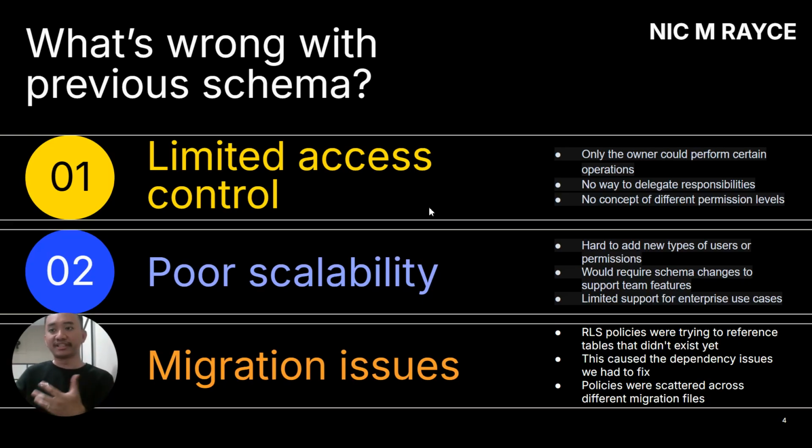So what I did was create these new tables in order to then apply the RLS policies to the existing tables. I also noticed that the policies were scattered across different migration files.